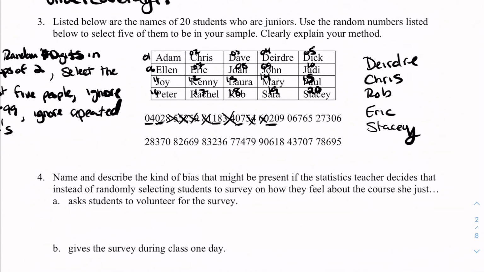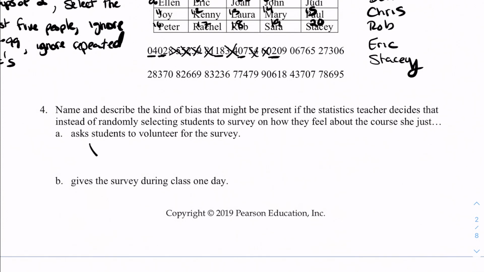Name and describe the kind of bias that might be present if the statistics teacher decides that instead of randomly selecting students, not a good choice, to survey on how they feel about the course, she just asks the students to volunteer for their survey. And obviously, this is a voluntary response bias.